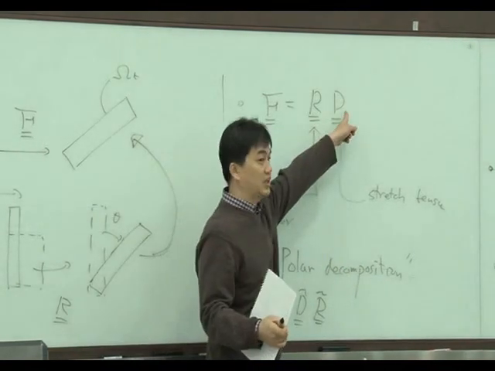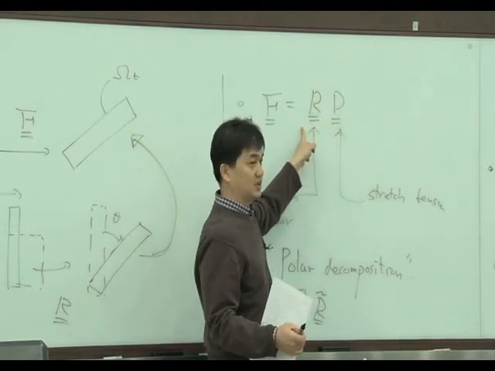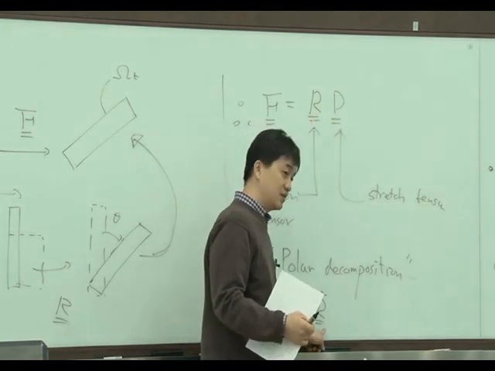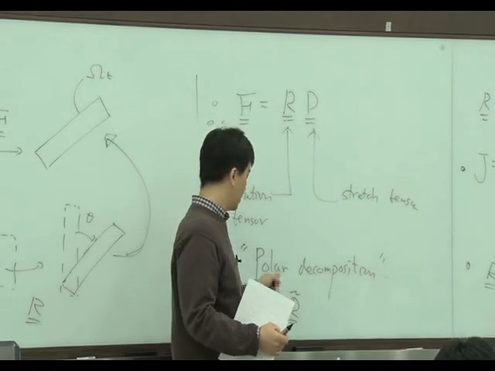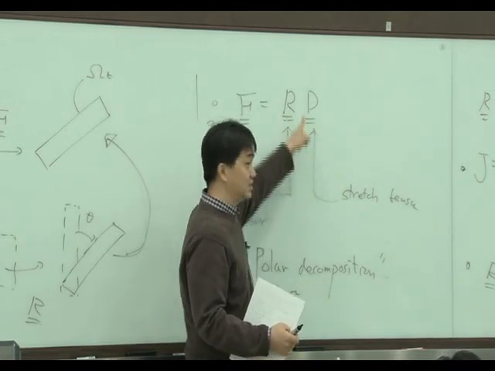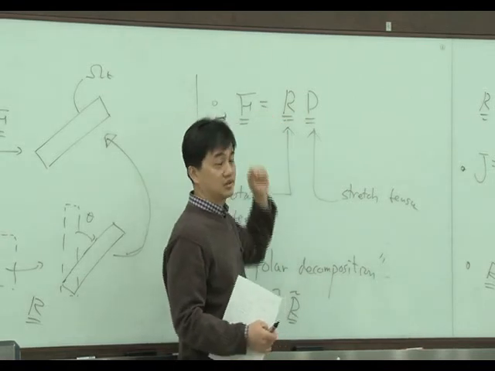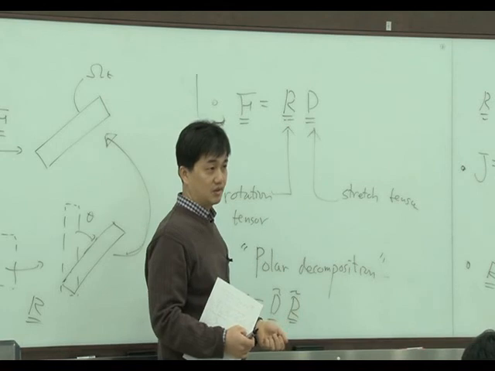Here, the body is stretched first and then rotated. Here, the body is rotated and then stretched. Same result. But this D and this D are different, and this R and this R are different, in general.